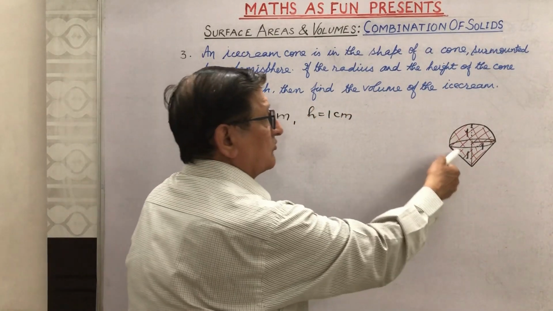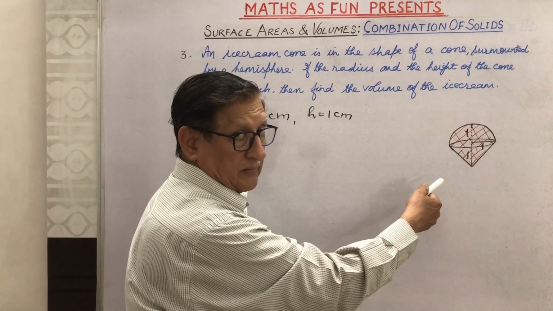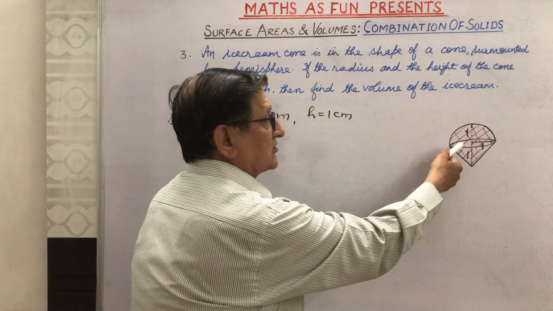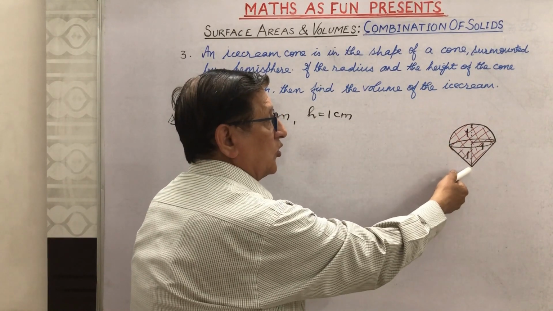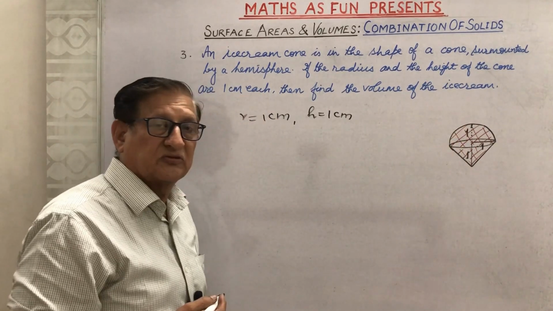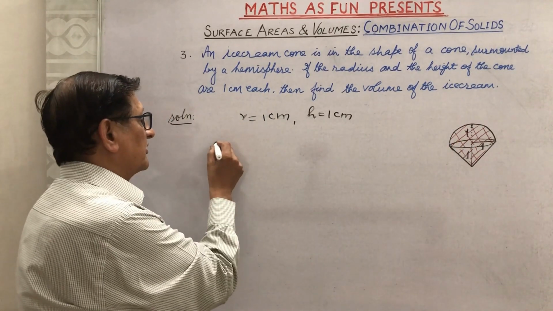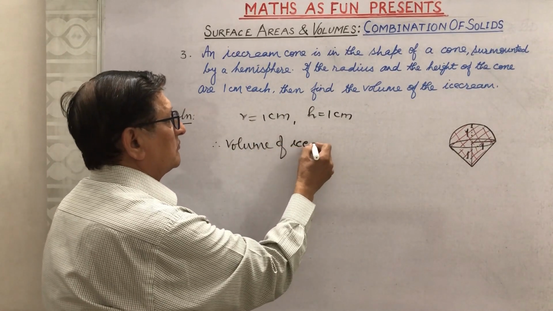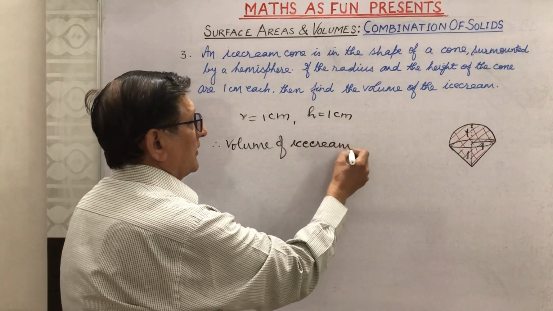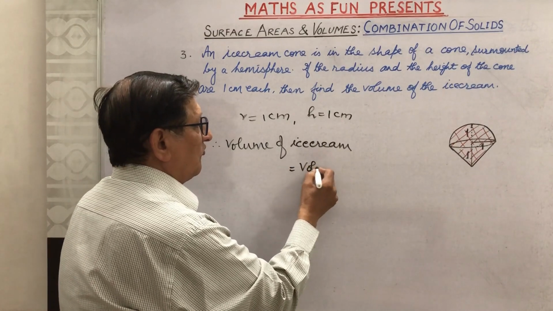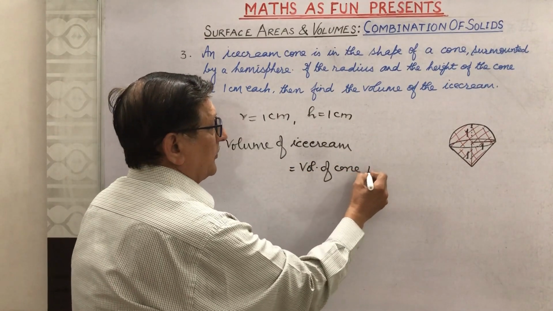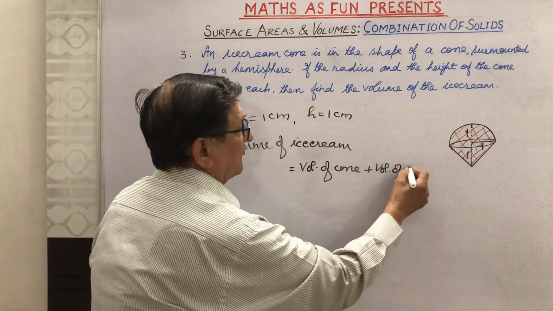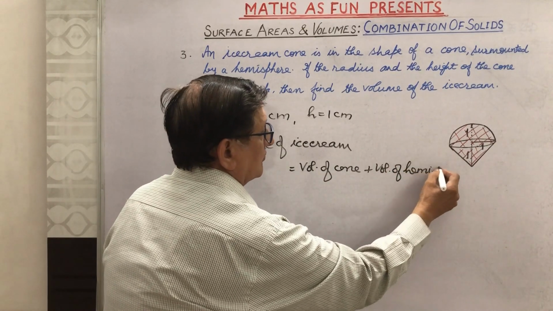Then to find out the volume of the ice cream, we will find the sum of the volume of the cone and that of the hemisphere. So we can write here, therefore, volume of ice cream is equal to volume of cone plus volume of hemisphere.